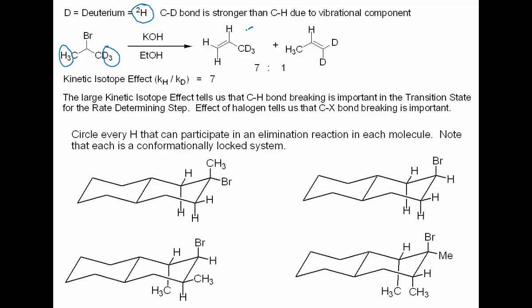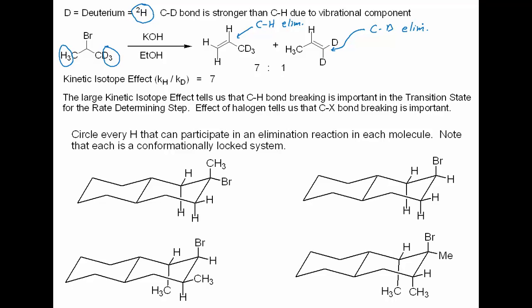So we get this one from the CH bond being broken, and we get this one from the CD bond undergoing the elimination. So we get more of the product from the CH bond breaking than from the CD bond breaking.